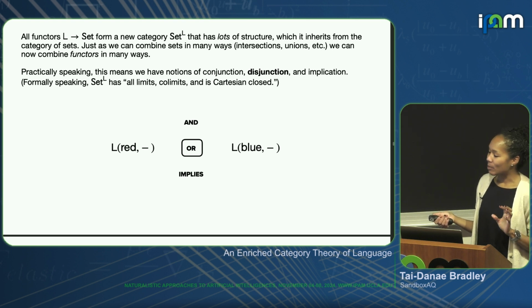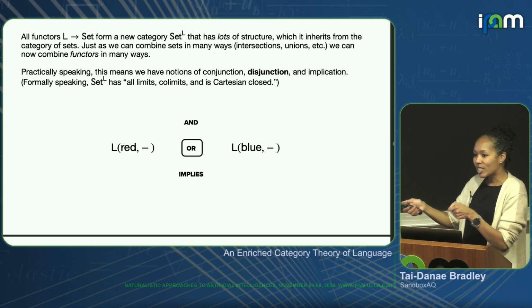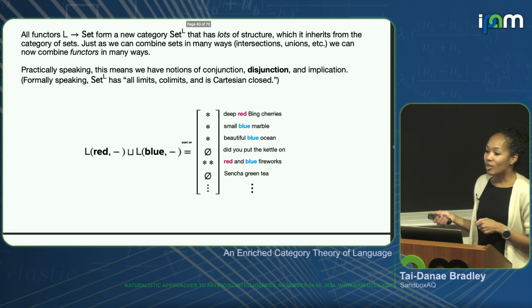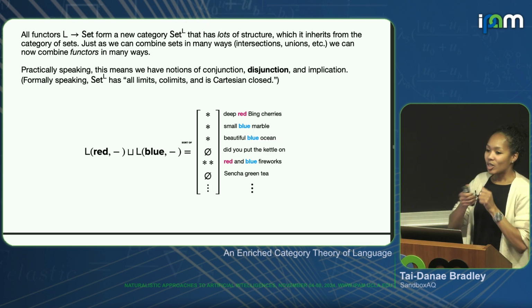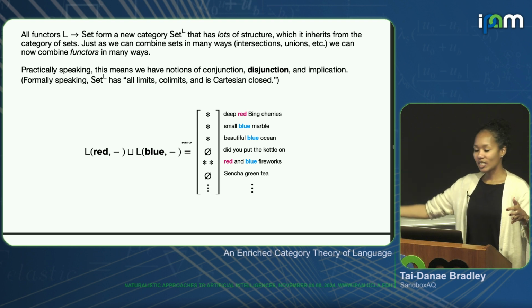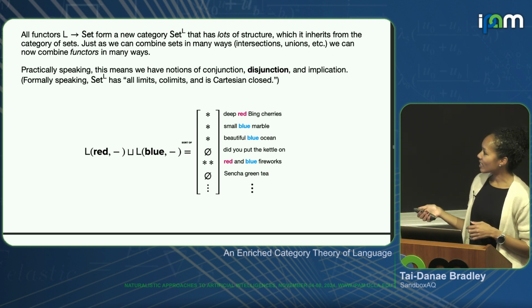Suppose I have the functor representing the word red and the one corresponding to blue. I'm going to take what's called a coproduct, which is a little bit like disjunction in the following sense. When you look at the definition, what is the coproduct of two representable functors? You get a new functor on your category, a new way to assign text to sets.